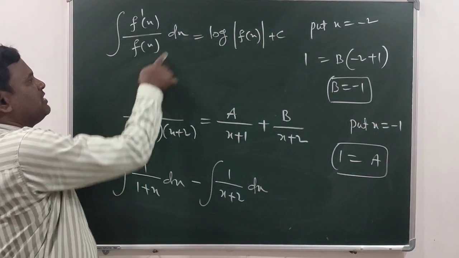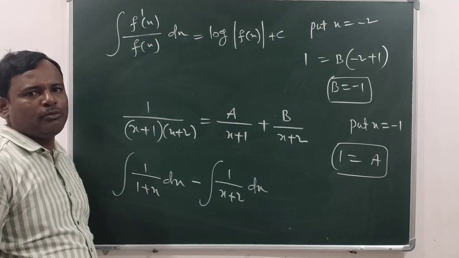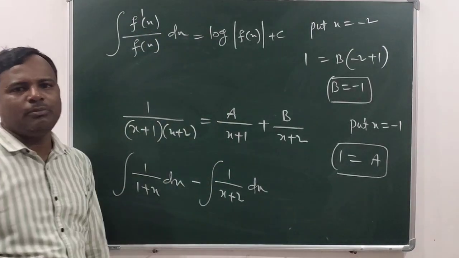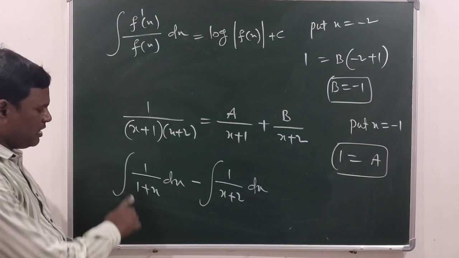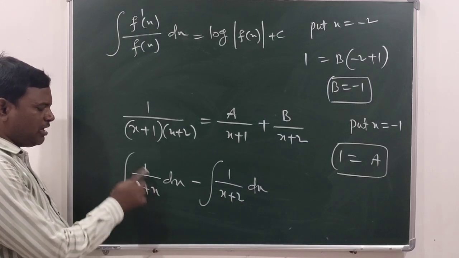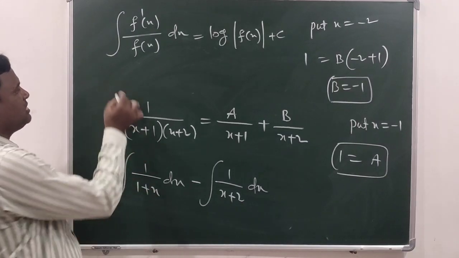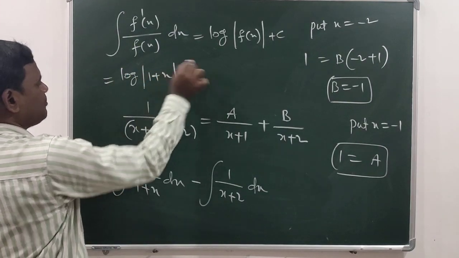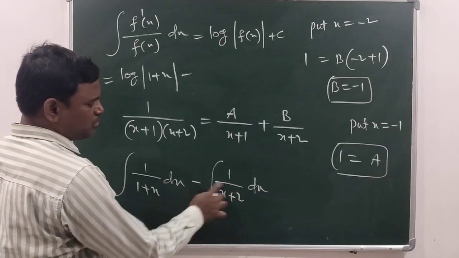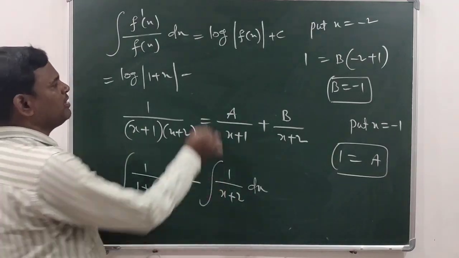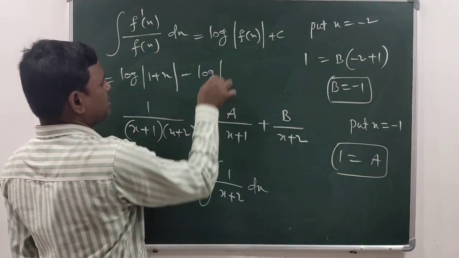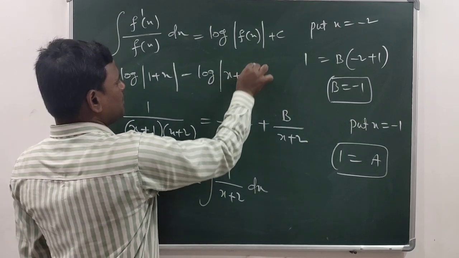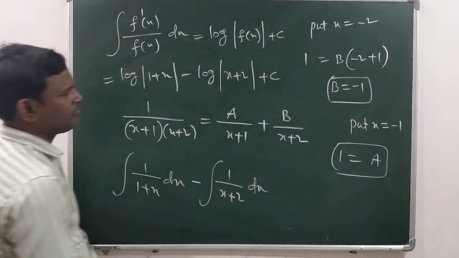Okay? If the differentiation of the denominator is available in the numerator, then its integration will be log mod f of x. So here observe, the differentiation of this denominator is 1, hence its integration will be log mod 1 plus x minus, and here also the differentiation is there in the numerator, hence its integration will be log mod x plus 2 plus c.